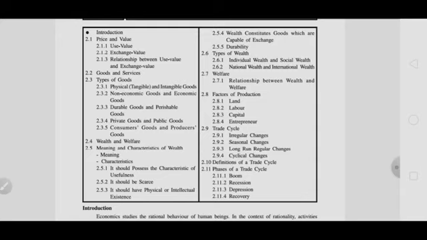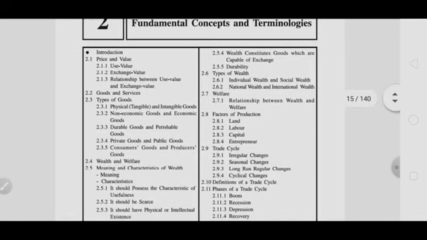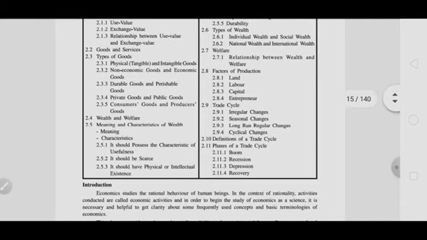Then goods and services, they have their own definitions, like what are goods and what are services, and types of goods. Then wealth and welfare, that is the meaning and characteristics of wealth, then types of wealth and welfare. Then factors of production.